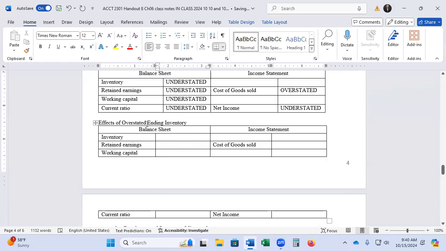Now the effects of overstated ending inventory. So now we're looking at sort of the opposite effect, and pretty much everything changes, right? Overstated. Overstated.